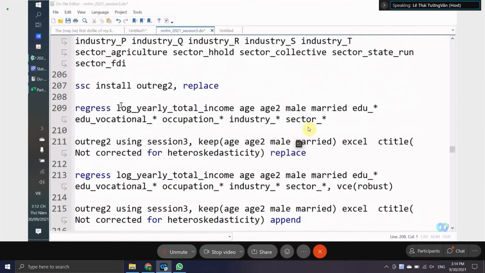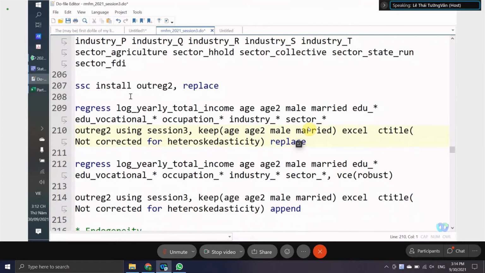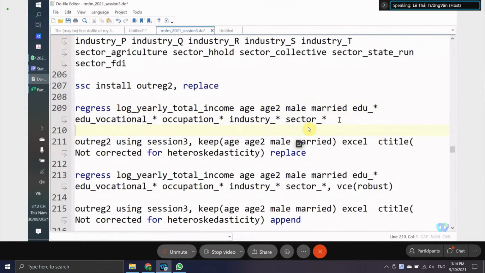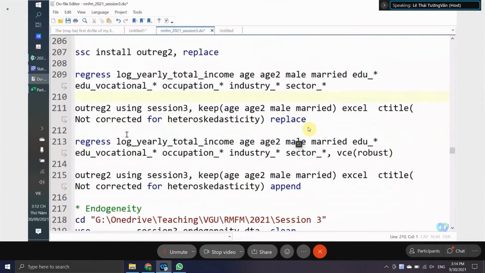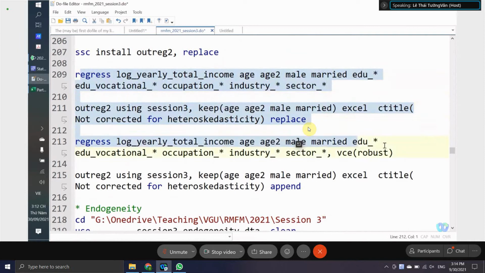So this is the idea of outreg2. After you run a regression and you run the command outreg2, you will get beautiful tables.